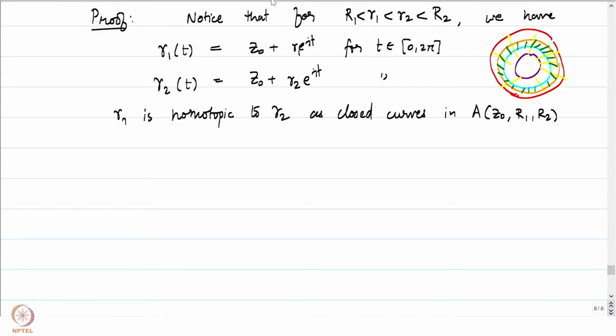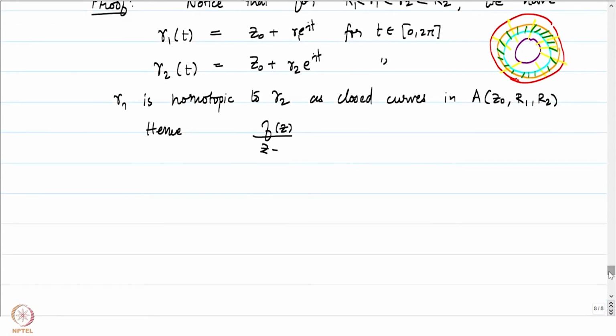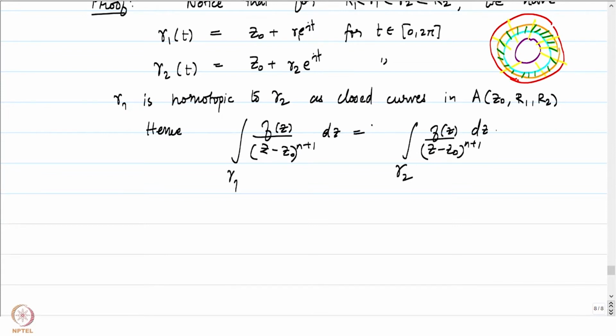So, hence, let me just note that if you look at f(z) by (z minus z0) to the power n plus 1, which is holomorphic, the integral over gamma 1 is going to be the same as the integral over gamma 2 of f(z) by (z minus z0) to the power n plus 1 dz, because they are homotopic to each other, and this function is holomorphic on the annulus where the homotopy is defined.